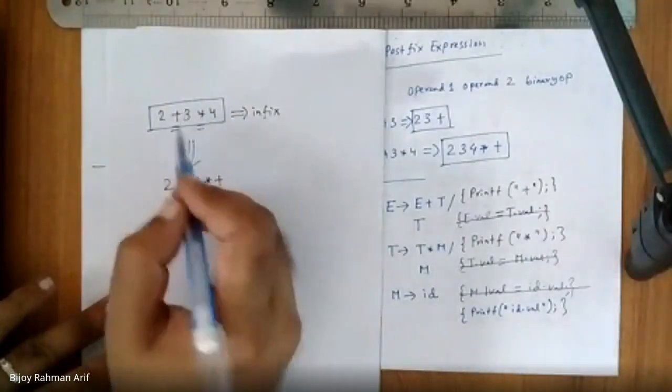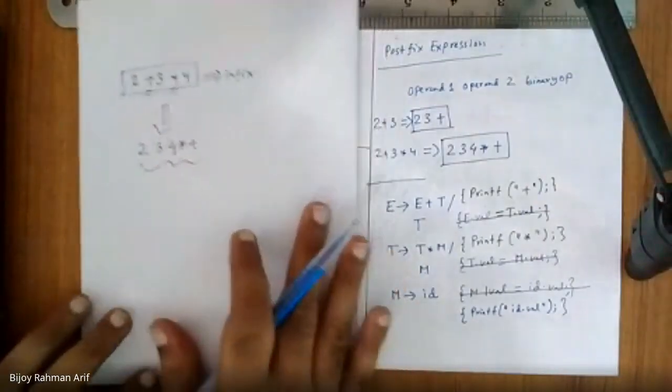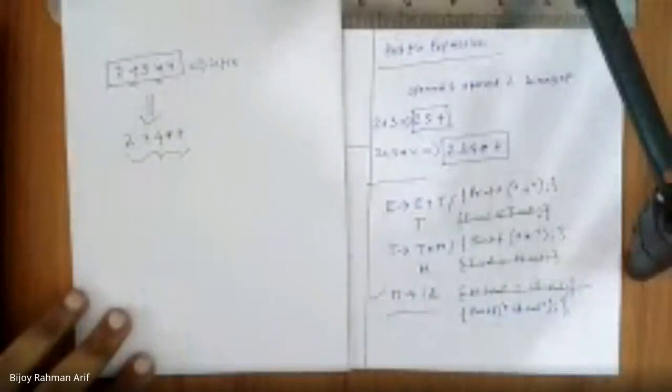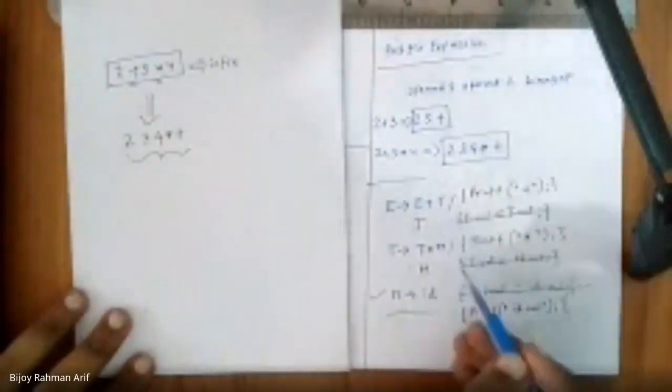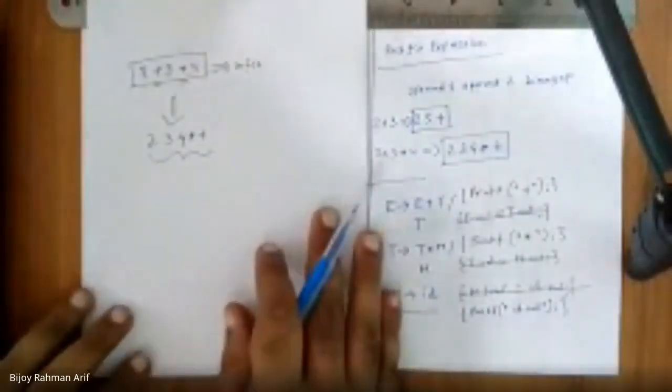Then what is the highest among these? Star, then plus. If we write the action this way, we are going to hit this line first. That's why we print the value of the ID first. Then as star is in a deeper position than plus, star is printed first, then plus. So let's draw this.